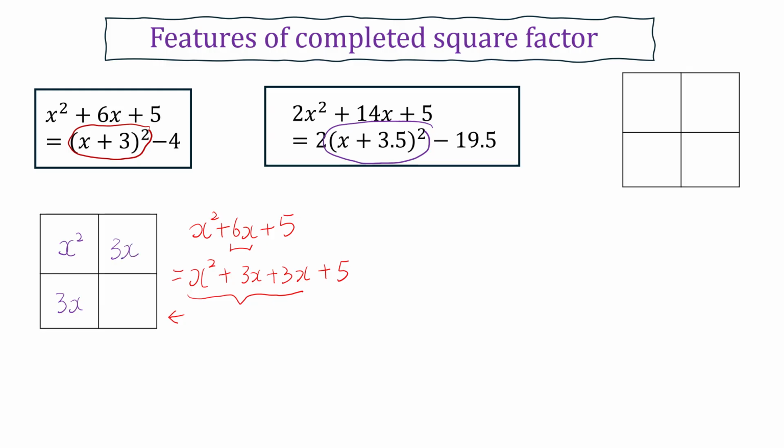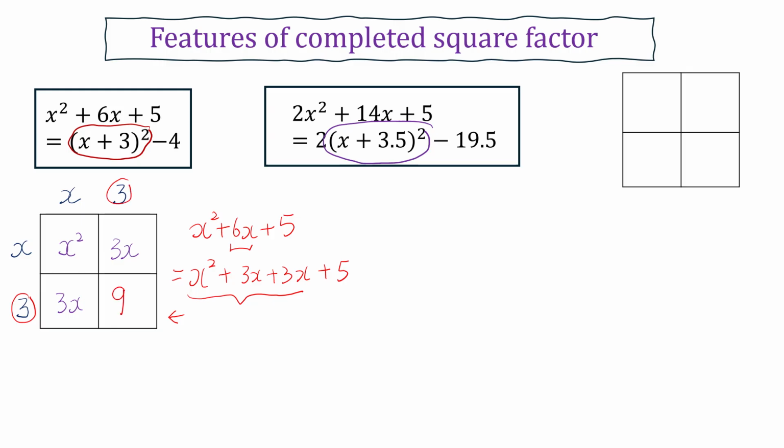So if you recall your box method, to get x squared, we take x times x. To get 3x here, I need the 3 here, and then I need the 3 here. And what do you think will be the value for the last small box? Yes, that will be 3 times 3 gives you 9.